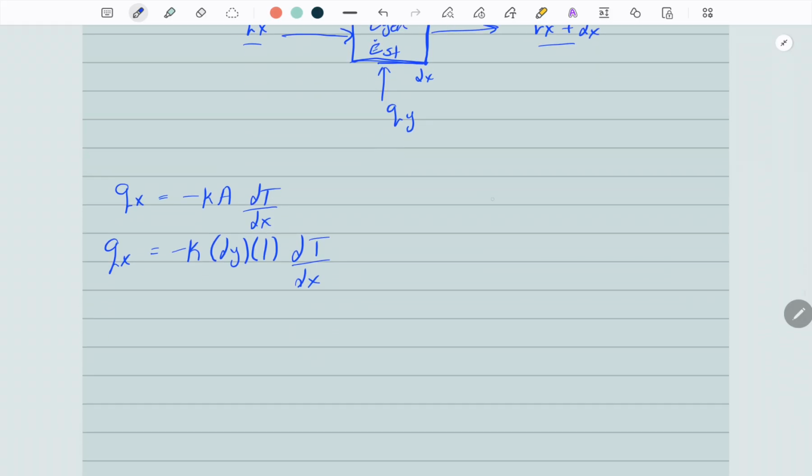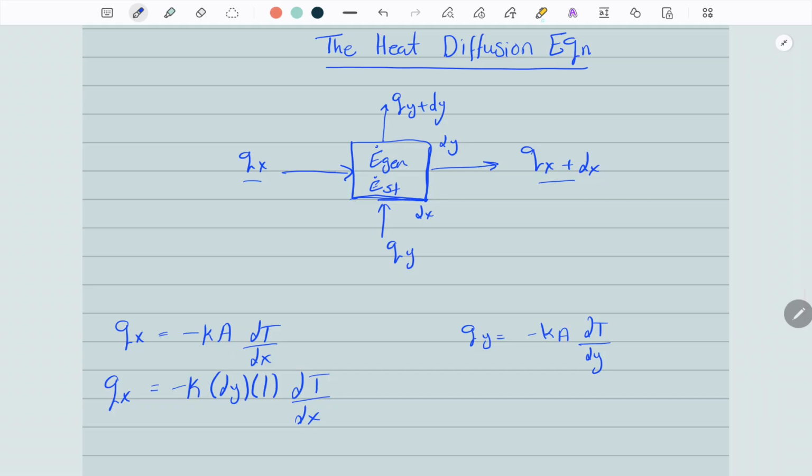Same thing with your heat flow in the y-axis. qy will equal negative k A times dT over dy. The area used in this equation is the area normal to the heat flow. So the heat flow is in the y direction, and the area that's normal to it is in the x direction.